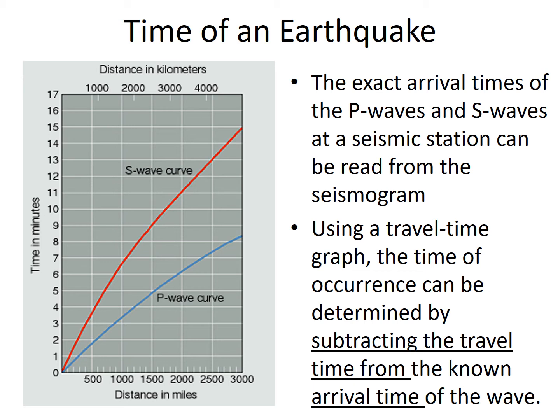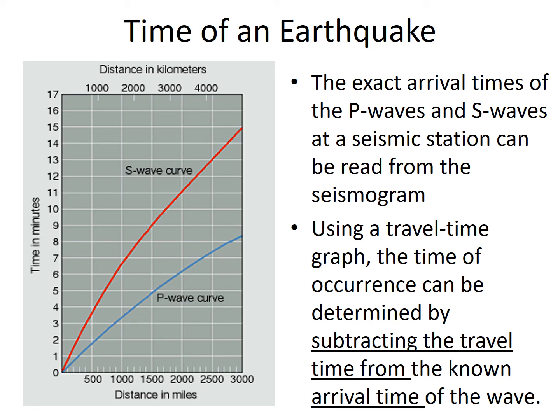Now, where did that epicentral distance come from? The exact arrival time of the P waves and S waves at a seismic station can be read using the seismogram. Then we have what's called a travel time graph that can be used to determine the distance.